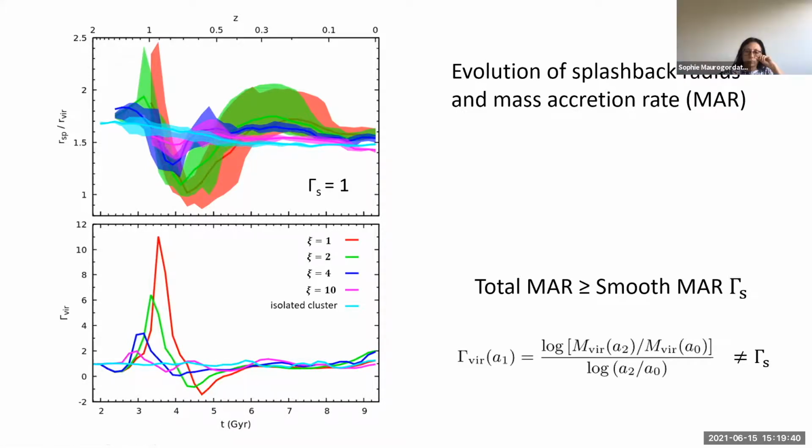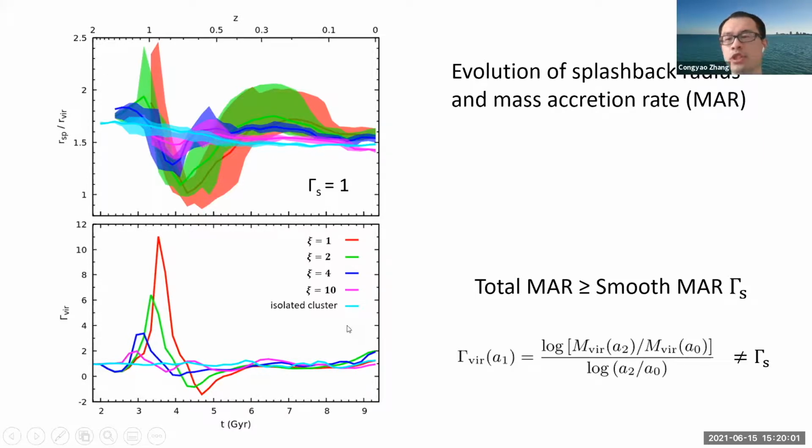One is from the smooth accretion, characterized by the smooth mass accretion rate, gamma s. Another part comes from the merger. So it means the total mass accretion rate of the system could be much larger than the smooth mass accretion rate input in the simulation, especially near the pericentric passage.